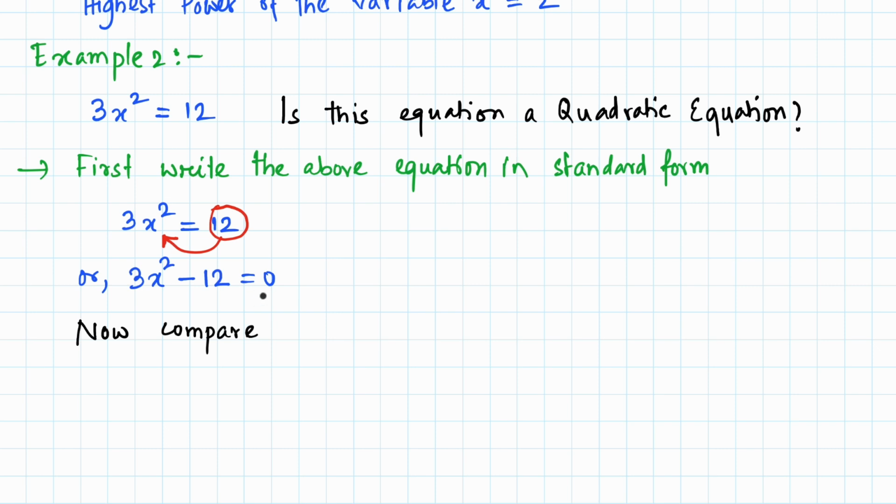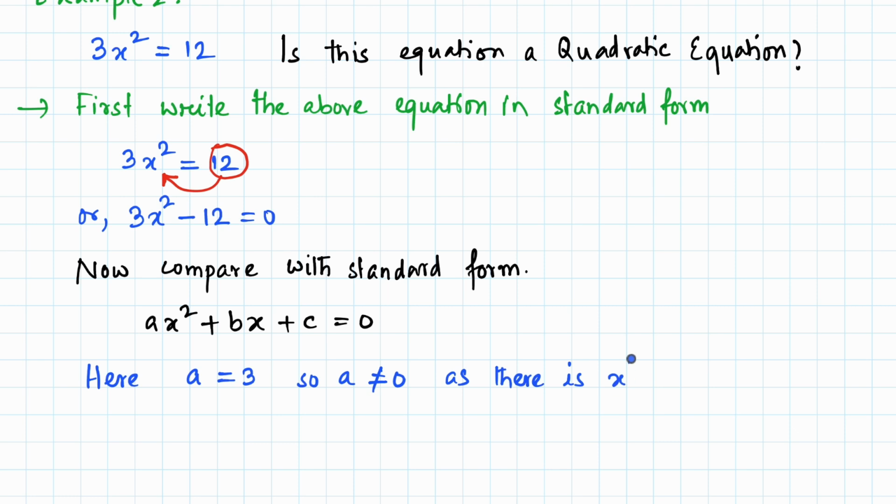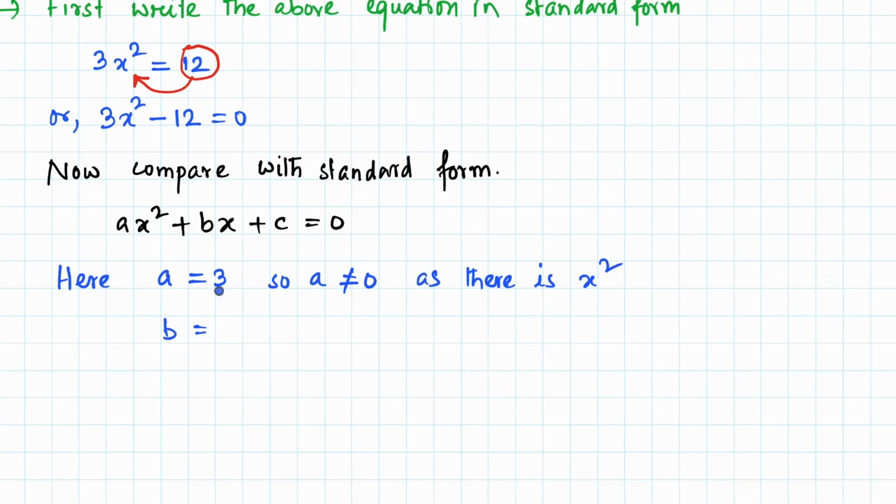Now we have to identify the coefficients, the constants and also the power. Compare the standard form with ax square plus bx plus c equal to 0. Here a is equal to 3, so that means a is not equal to 0. As there is no x to the power 1, b is equal to 0, and c is equal to minus 12.